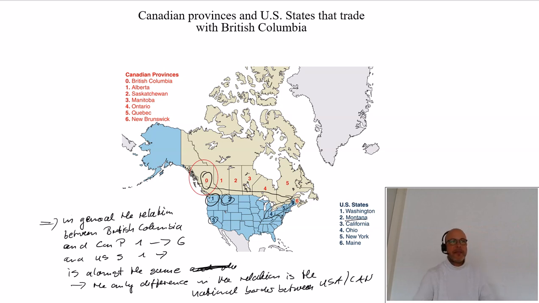Well, and then what we expect is that in general, although the relation is almost the same, but still we have a national border, that the relative trade volumes between the inner Canadian trade of British Columbia should be significantly higher compared to the trade volume of British Columbia and the US states.